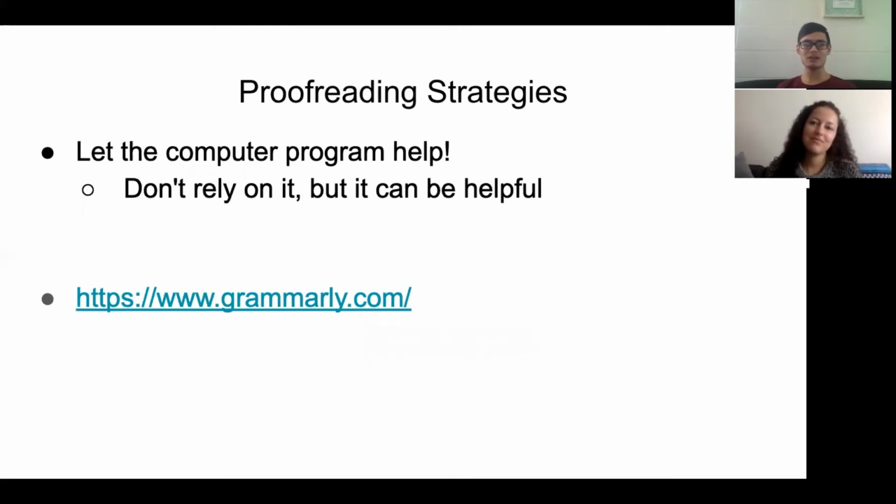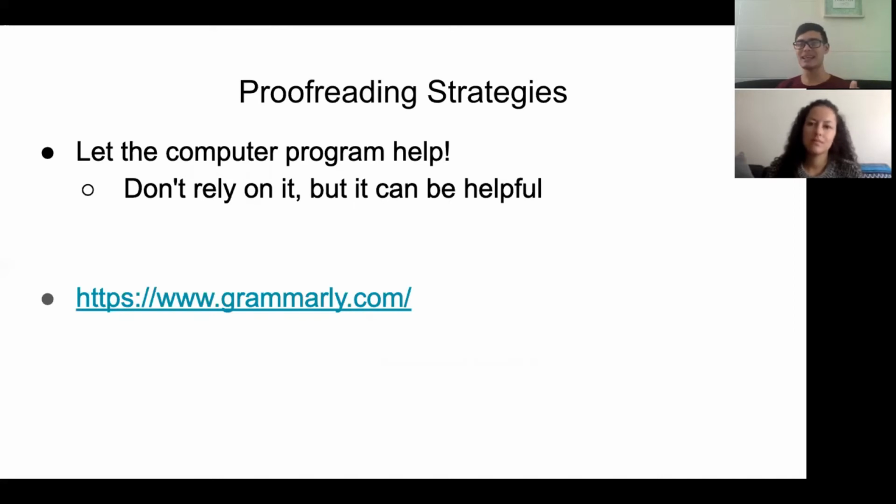Right. So now another proofreading strategy is to use your computer in the best possible way. I mean, there are so many different resources online that you can rely on in order to help you in the process of proofreading. And an excellent example of that is Grammarly. Grammarly is one of the first resources that I go to, and it helps just to go through your essay and point out common mistakes.